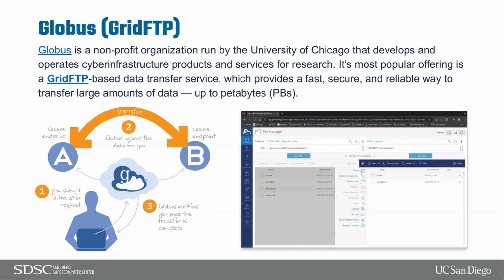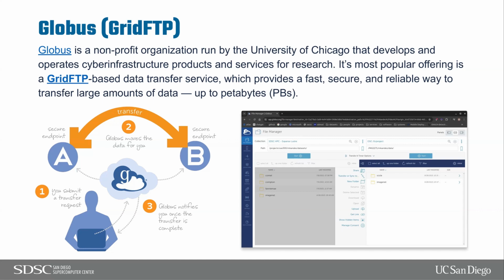So most universities and HPC centers will have a Globus endpoint, is what they're called, or now, well, they changed the terminology recently, but essentially there are different endpoints that can point to different storage systems and file systems on each end. And Globus essentially schedules and manages the data transfer.